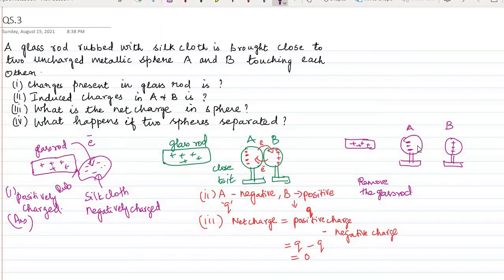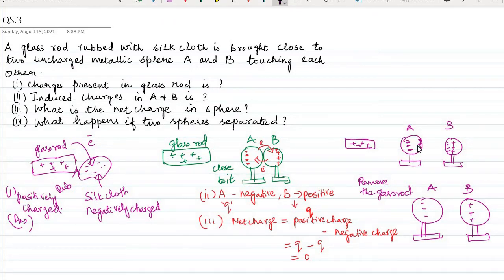So if the negative charges get accumulated at one end, at the other end you have the positive charges. Altogether, as the end result, you have negative charges over sphere A and positive charges over sphere B. So remember that. After removal of the glass rod, closer to the positive charge we have the negative charge, and at the right end of sphere A you have the positive charge.